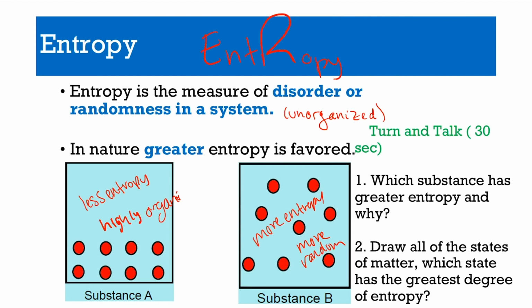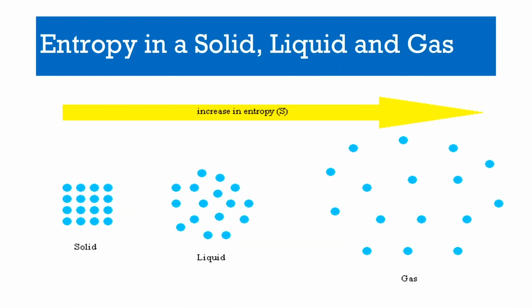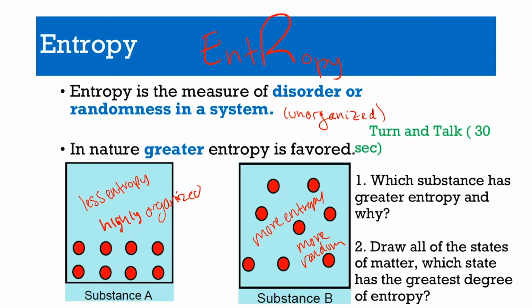So entropy is a measure of randomness. Basically, enthalpy is concentrating on the heat, and entropy is concentrating on randomness. That's what its focus is about.